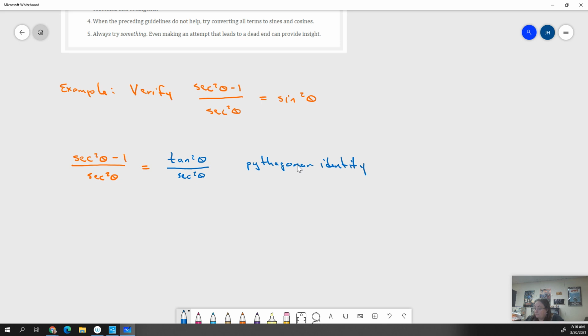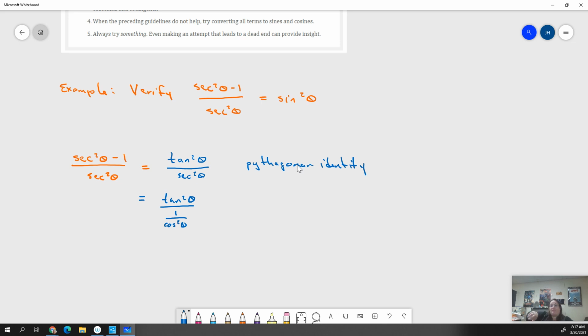I also know that secant squared theta is 1 over cosine squared theta. It's the inverse. So since this is on the bottom, if I break it down, tangent squared theta over secant squared theta is the same as tangent squared theta over 1 over cosine squared theta.